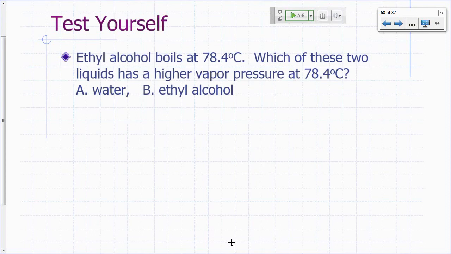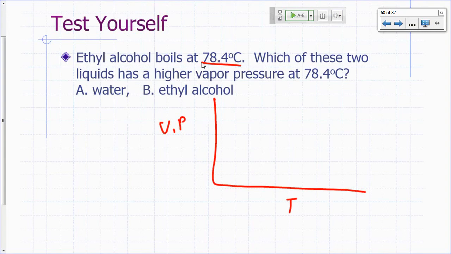So if ethyl alcohol boils at 78.4, what's its vapor pressure at 78.4? 1 atmosphere. So if I were to plot vapor pressure versus temperature for ethyl alcohol, it's going to reach 1 atmosphere. So here's 1 atmosphere. For ethyl alcohol, it's going to reach 1 atmosphere at 78.4 degrees, right?